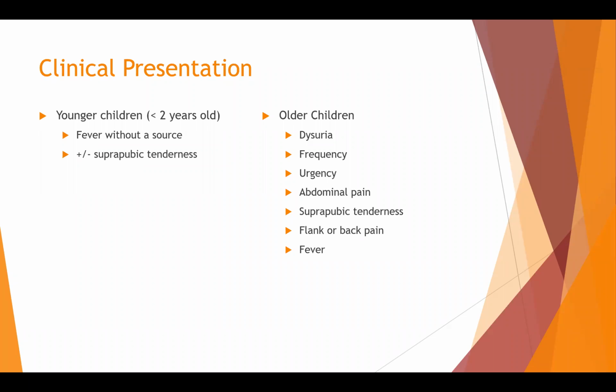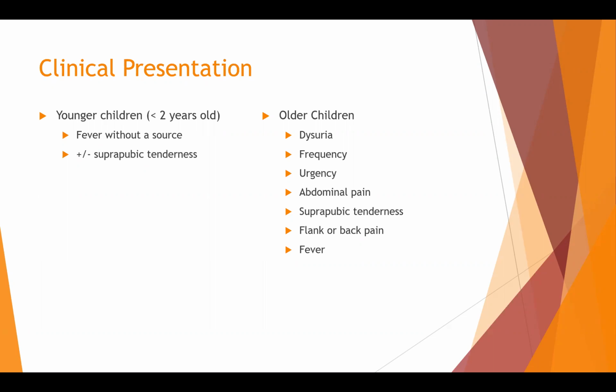All right, so clinical presentation. A lot of times in kids younger than 2, they come in with fever and really not much else. You might find a little bit of abdominal tenderness on exam, or really it's just fever with no source, and they're a little bit fussy.